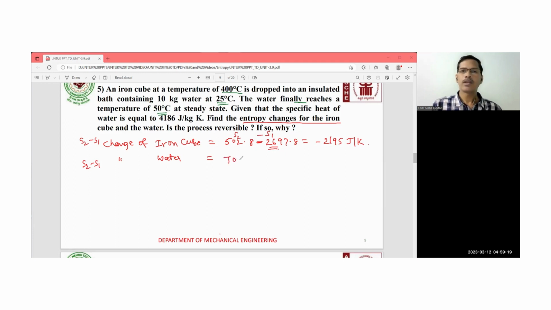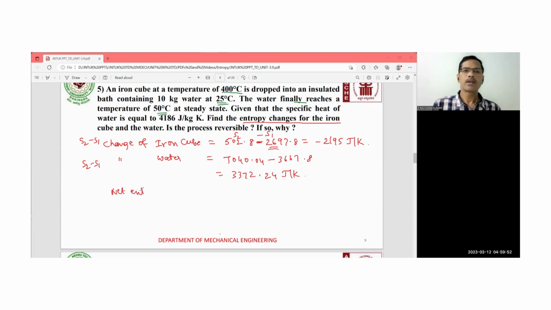So here 7040.04 minus 3667.8, you will get this value as 3372.24 joule per Kelvin.